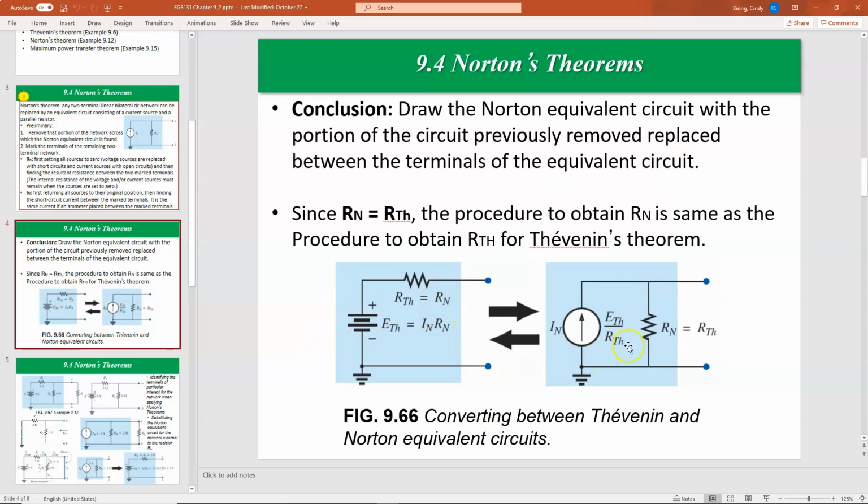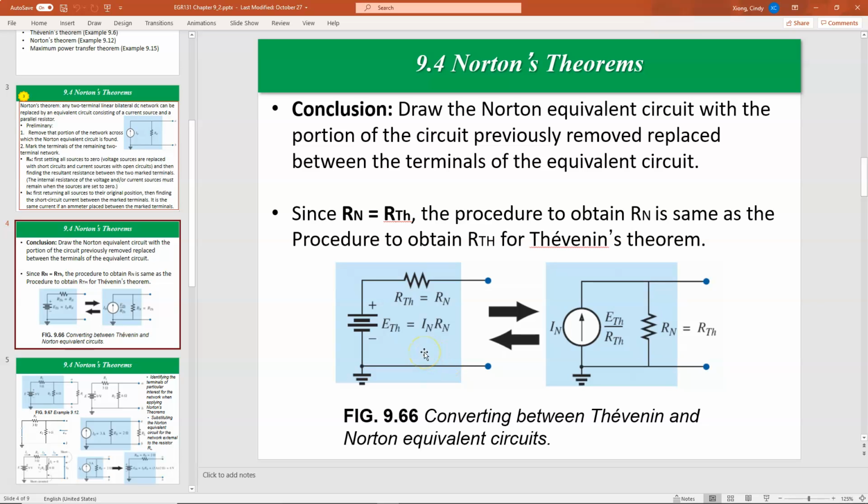Here I show you the relationship between the Norton theorem and the Thevenin equivalent theorem. If you use the circuit analysis method from Chapter 8, the source conversion, you can see a voltage source in series with one resistor is equivalent to a current source in parallel with one resistor.